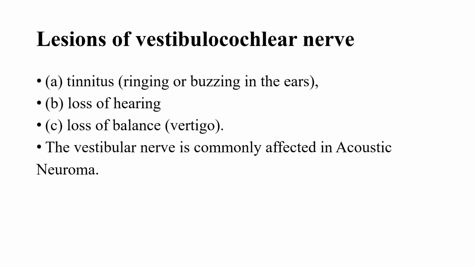When can this happen? There can be a condition called acoustic neuroma, which is a benign tumor, but because it grows in size, it affects the vestibulocochlear nerve, the vestibular part mostly. So this is when lesions of the vestibulocochlear nerve will happen. Okay, I hope you understood this small lecture, and thank you very much.